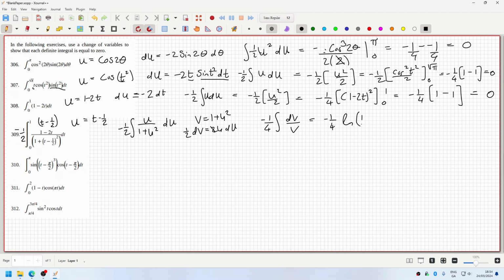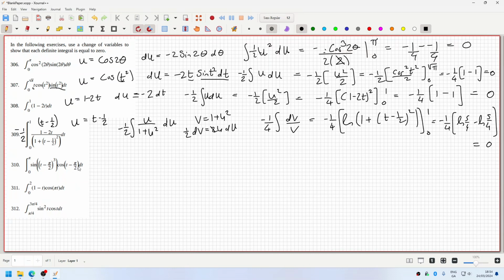But v is 1 plus u squared. But u is t minus a half. 0, 1. So that would be minus a quarter. 1 minus a half is a half, squared is a quarter. So that's log 5 quarters. And then if I put in 0, I get a half minus a half squared is a quarter. Yeah, log 5 quarters minus log 5 quarters, which equals 0.